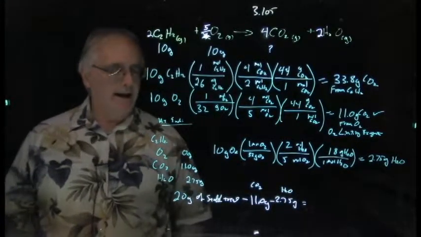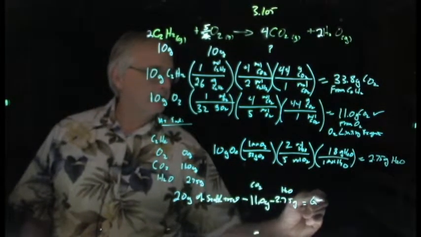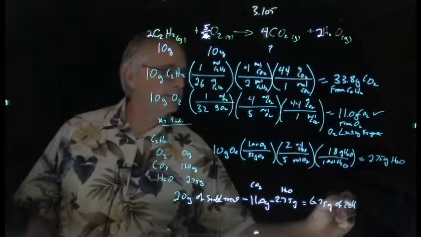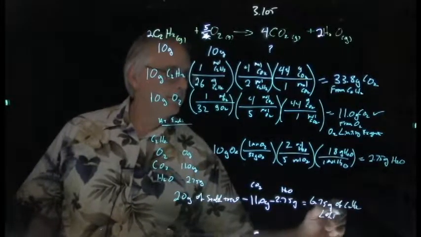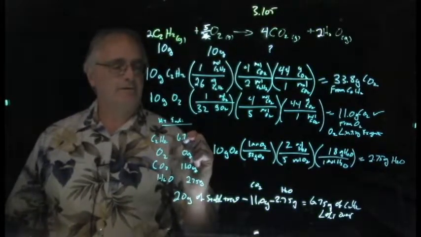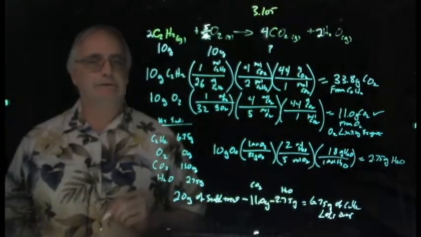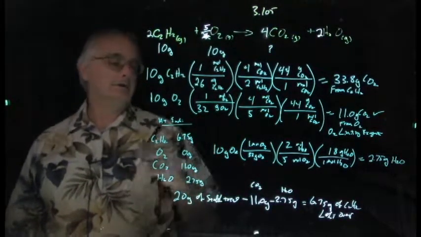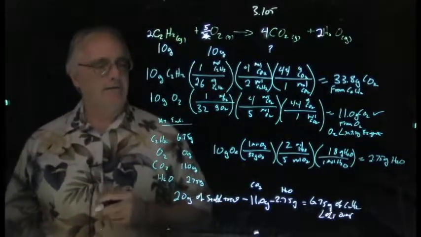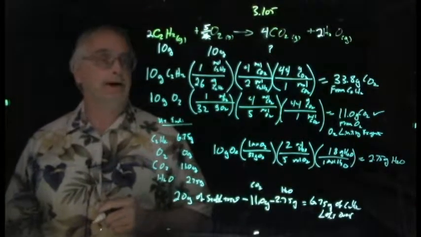Okay? And therefore, when we do the subtraction here, we're going to get 6.75 grams of C2H2 left over. And that's the last number we need, 6.75 grams of C2H2 acetylene left over. So we used a little over 3 grams, 3 out of the 10. We have 6 and nearly 7 grams left over when the reaction is done.